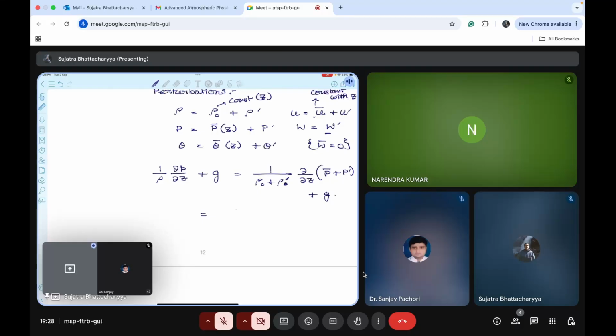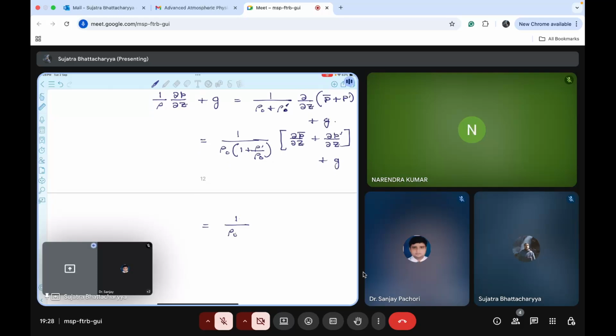Can we write this as 1 by rho naught, 1 plus rho dash by rho naught, delta p bar by delta z plus delta p dash by delta z, plus g? Yes.